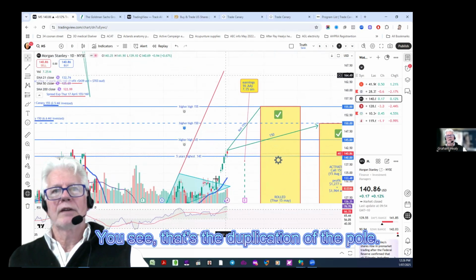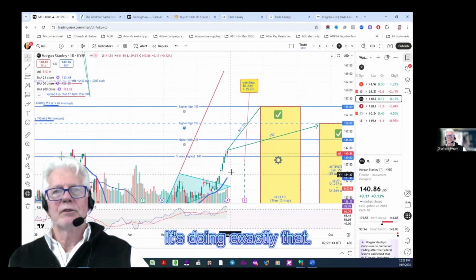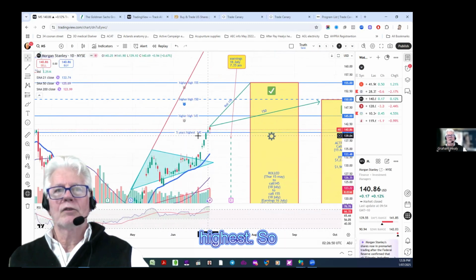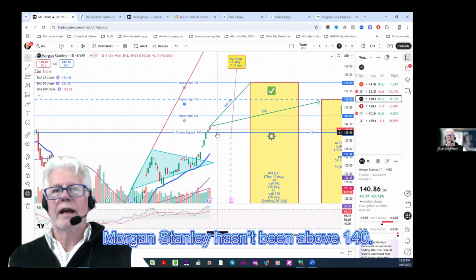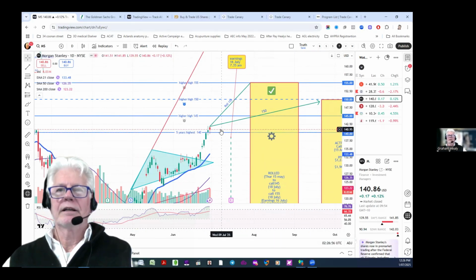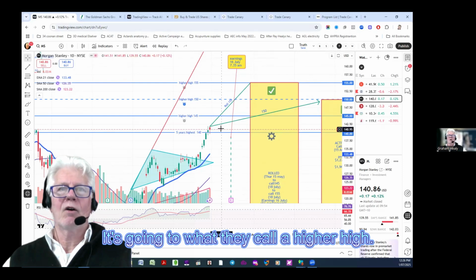You see, that's the duplication of the pole. It's building. It's going through a 5-year high. So Morgan Stanley hasn't been above 140. It's now above 140. It's going to what they call a higher high.